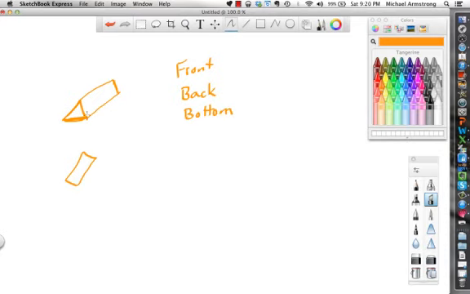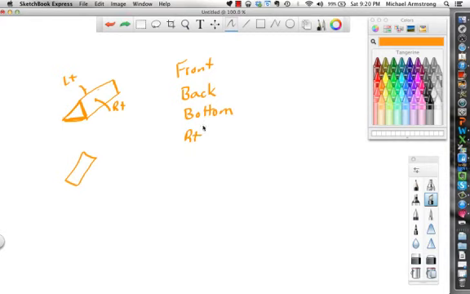But there is this side here that's also a rectangle shape, and then there's another side on the other side that's the same rectangle shape, and we could call this the right and the left. You can almost see that other side. So we have the right and the left.